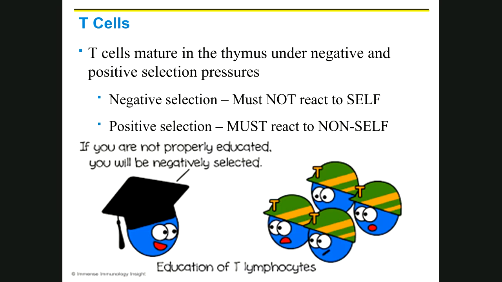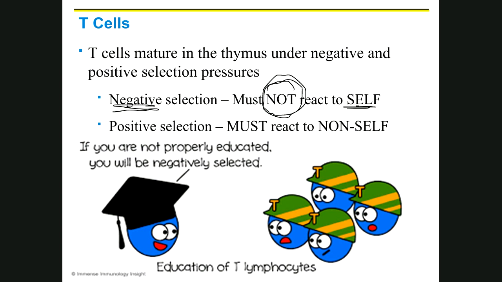But before they can leave the thymus, before they become immunocompetent, they also have to go through those same 2 tests. And so remember, the 2 tests are positive selection and negative selection. And again, negative selection means you must not, negative, not react to self.